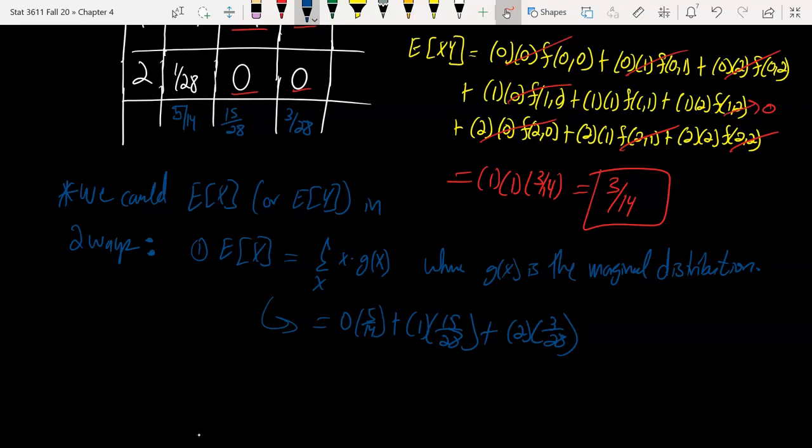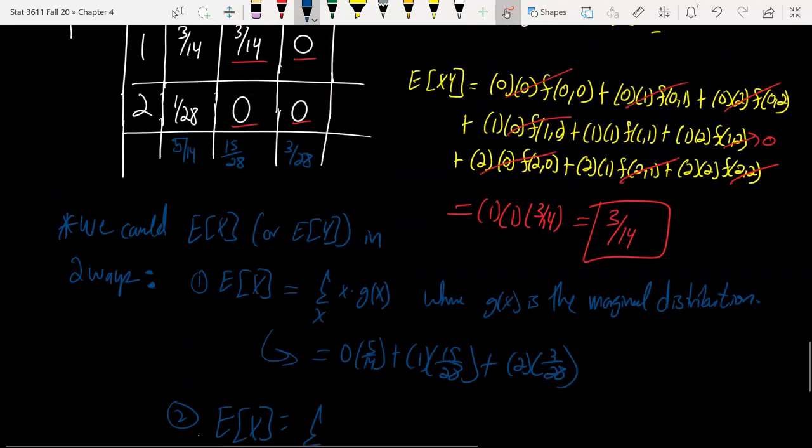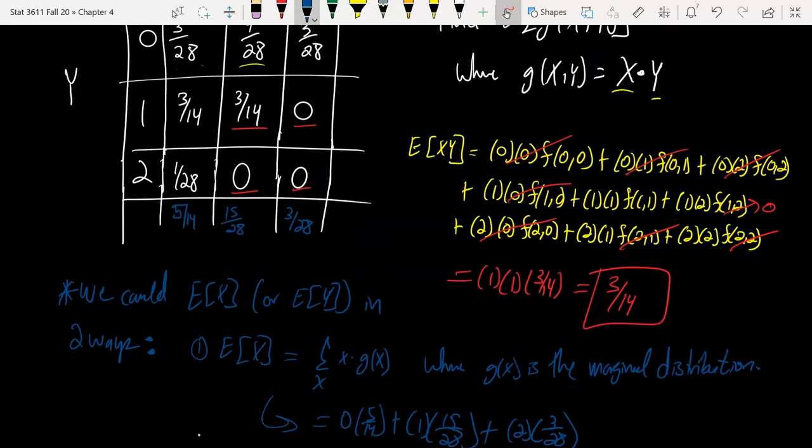All right. What's the second way of finding the expected value of x? The second way is actually just to go over all of the possible values. So the expected value of x would be the sum over all x values, and just use all of the probabilities that are given in your table here.